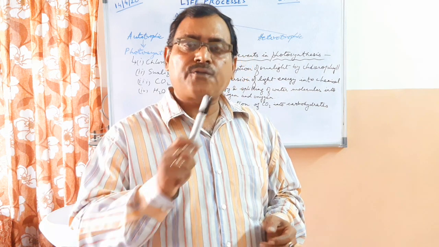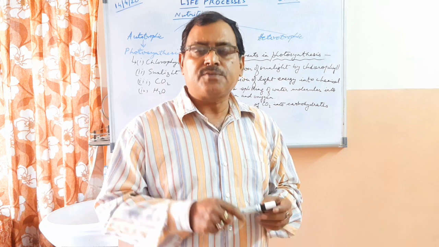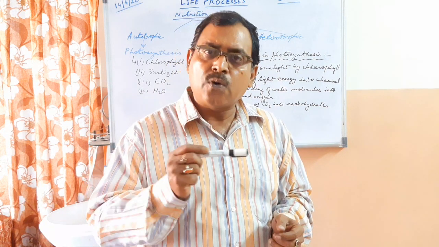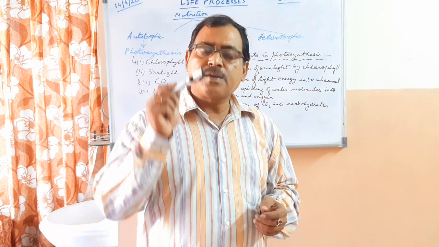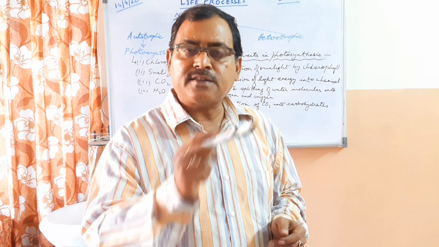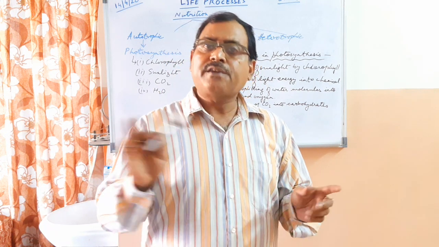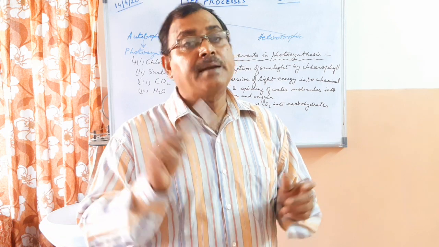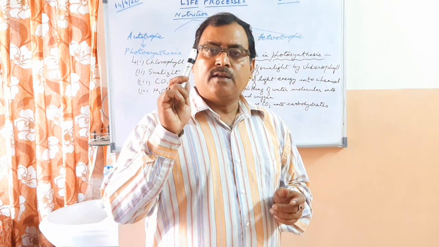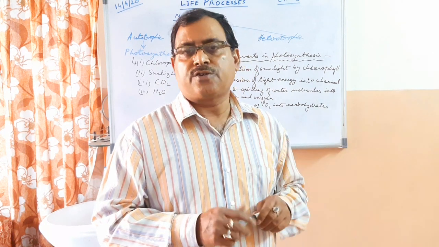Now, in autotrophic mode of nutrition, organisms are able to make their own food from simple substances which are present in their environment or surroundings. All green plants and bacteria are following this mode of nutrition.